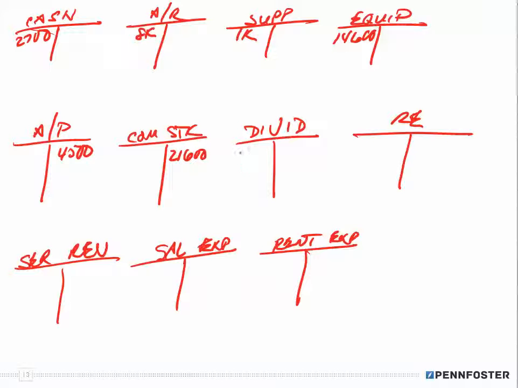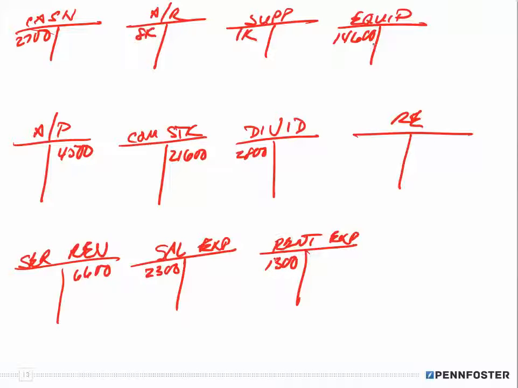Dividends, I had 2,800. Of course, nothing in retained earnings. Service revenue, 6,600. Salaries expense, a debit of $2,300, and rent expense of $1,300.